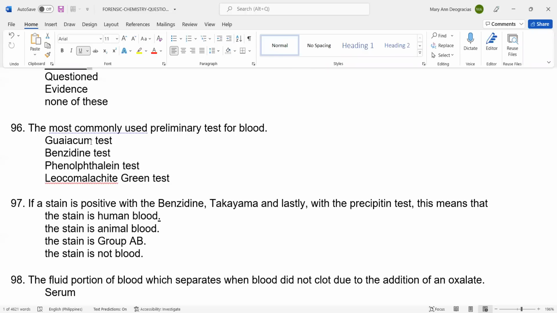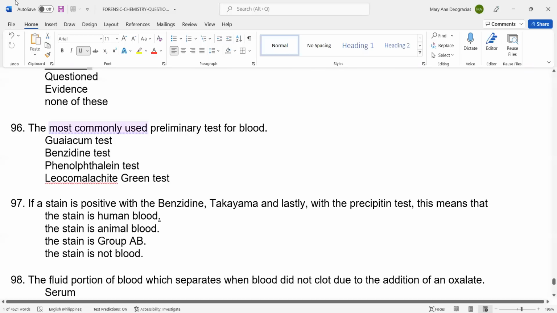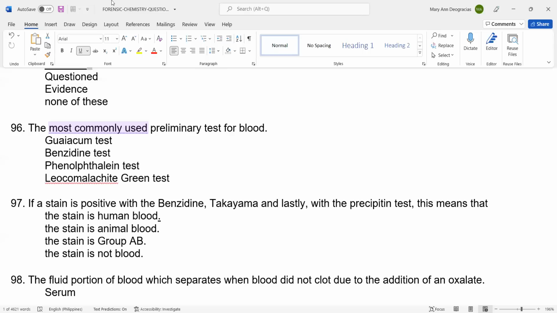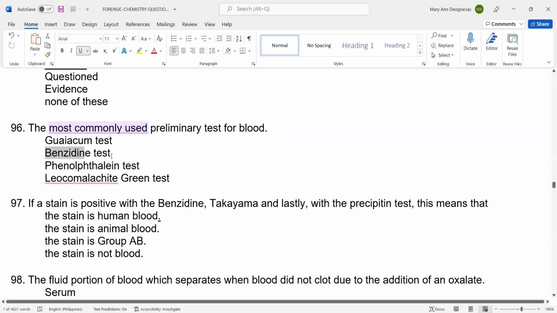So is it A, guaiacum, B, benzidine, C, phenolphthalein, D, leucomalachite? Okay, the most commonly used is benzidine. Although ngayon, guys, hindi na masyadong ginagamit ang benzidine. Bakit? It is carcinogenic. Nagkakos ng cancer yung chemicals na ginagamit dito.